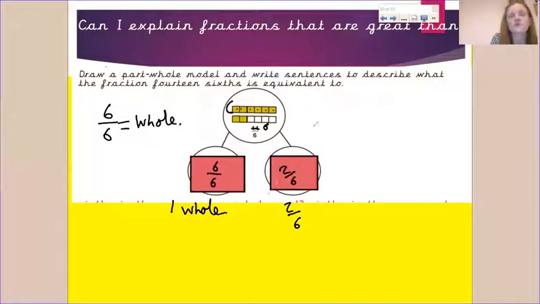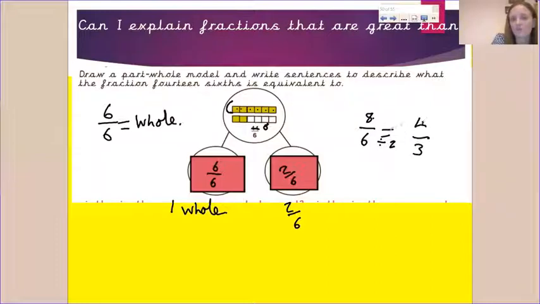Okay, and it says, can you find something that it's equivalent to? We could find an equivalent fraction to this. It makes no difference if the numerator and the denominator are top heavy, because like I said with my working out, we could find an equivalent fraction by multiplying both top and bottom by something. So we could do, well, let's actually do it like this. We could do divided by 2, because 6 can divide into that, so it would be over 3.